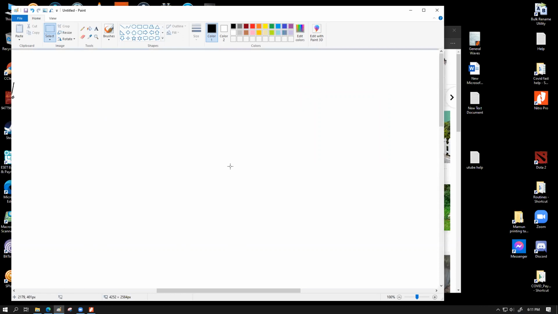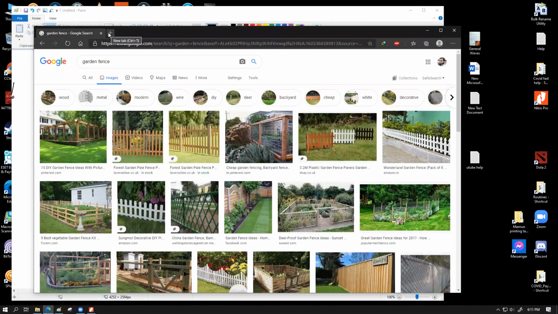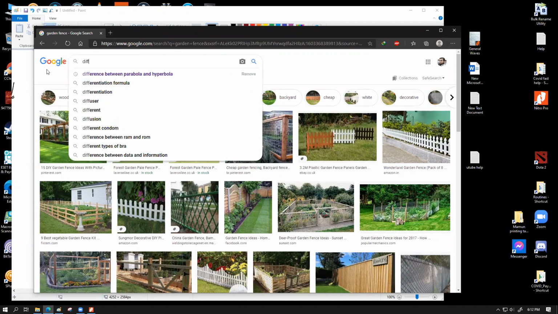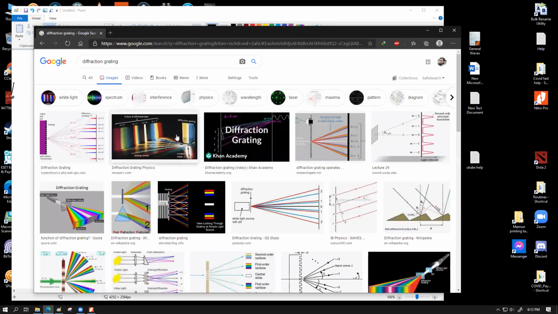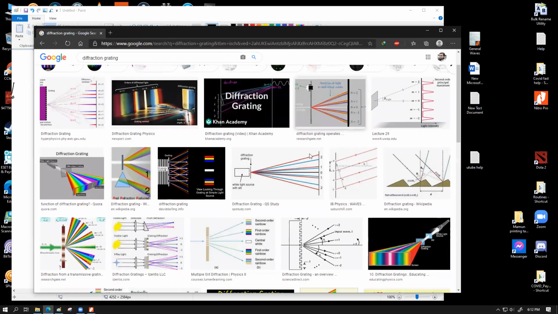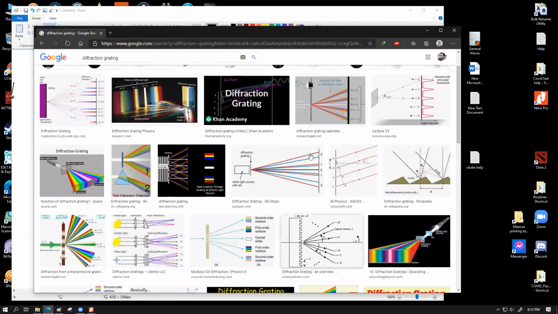So if I try to now show you the geometry for the diffraction grating, I might as well pick up some figure from the net because it should be easier. This Khan Academy figure is pretty amazing, but I'd like to get something else. No, this is actually pretty amazing.